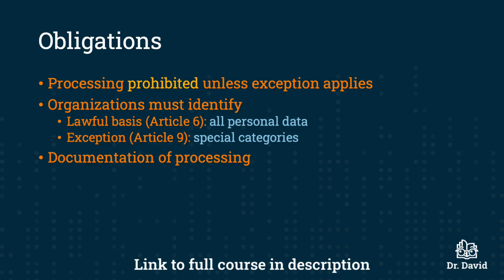This is required of all personal data. These organizations must also identify an exception under Article 9 when they are processing special categories of data. So again, all personal data requires a lawful basis under the GDPR, and all processing of special categories of data requires an exception under Article 9.